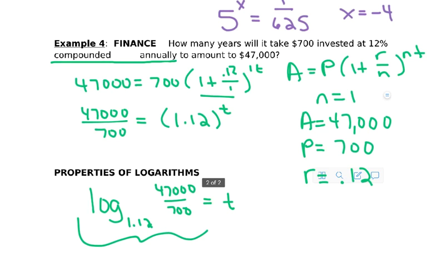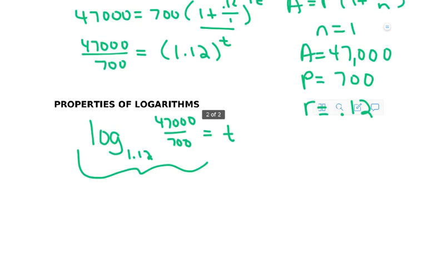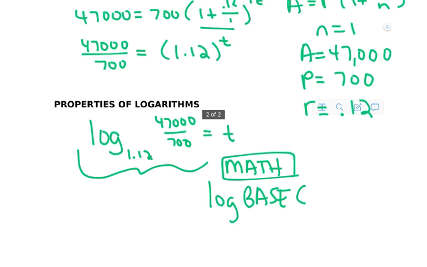Most of you should have a location on your calculator that will do this problem for you. It's under the math menu, and if you scroll to the bottom, you should see a function called log base. If you don't have that function, I will show you another way of evaluating this in your calculator. But if you have, under the math menu, you scroll down and find log base and you hit enter.